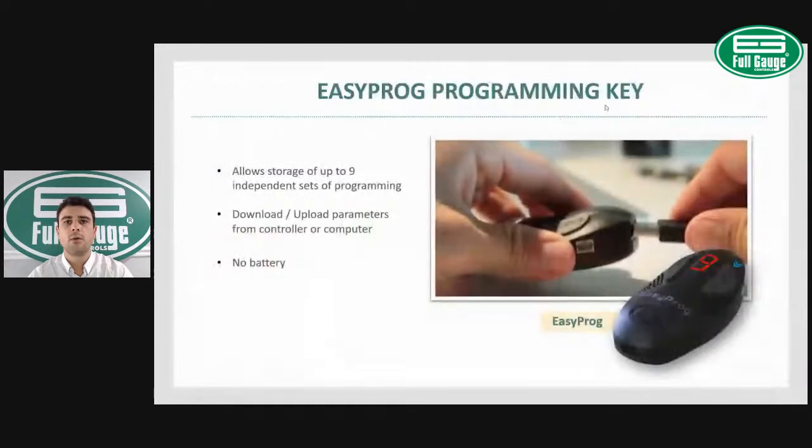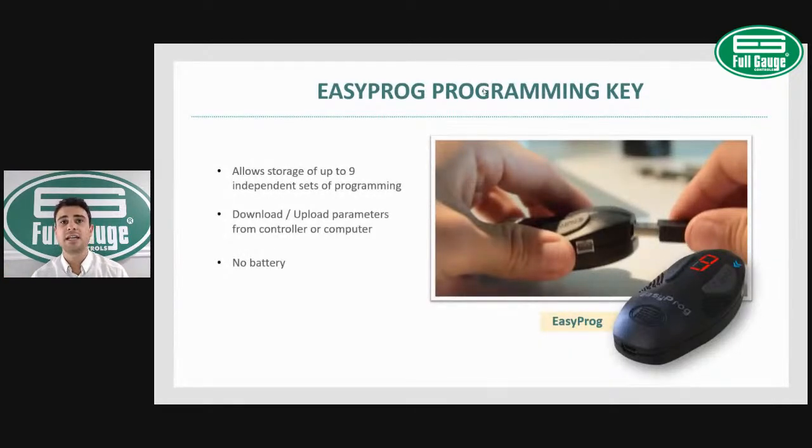One thing that we would like to share with you is the programming key. All our controllers are compatible with the EasyProg, which is a programming key. The adoption of the EasyProg is a very nice tool when you're using the real-time clock defrost. EasyProg allows you to host up to 9 independent setting options.